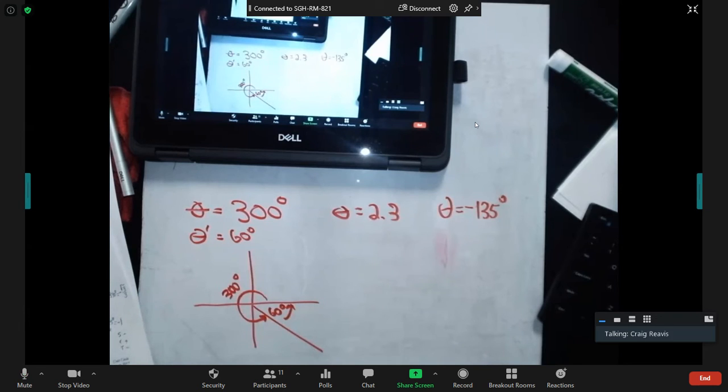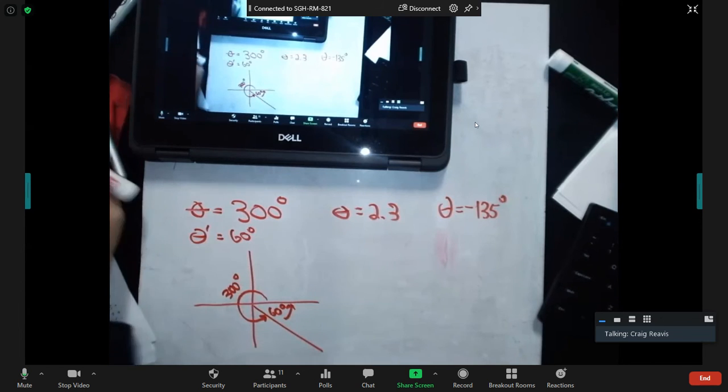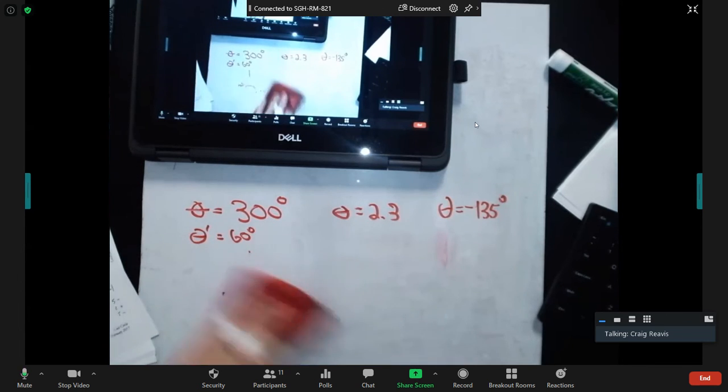All right. Now, 2.3. Notice this does not have a degree. So this is in radians. Now, you get associated radians always has a pi. Well, what they did is they went ahead and multiplied the pi, 3.14, times whatever, and we got about 2.3. Okay, so where is 2.3 on our graph?